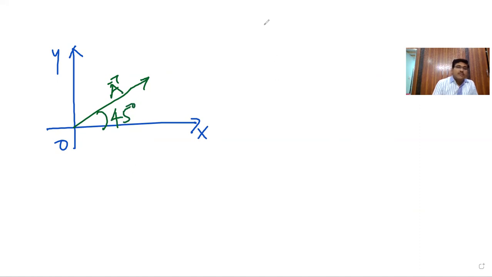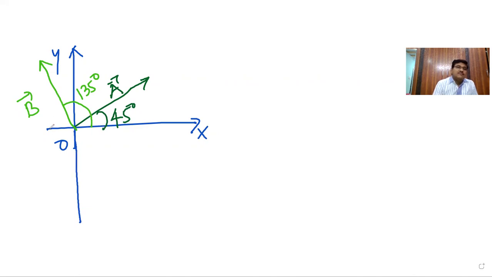Second, B bar is 135 degrees with respect to x-axis. Now C bar is 315.